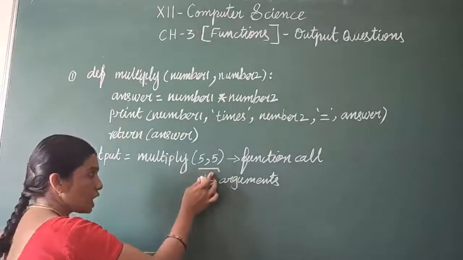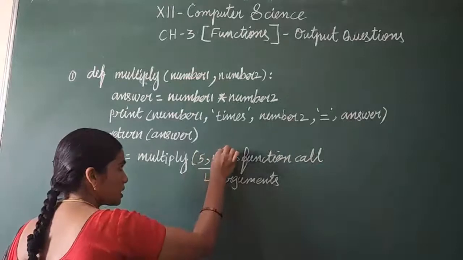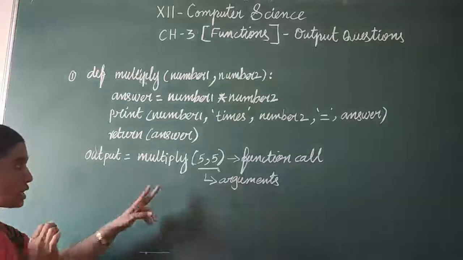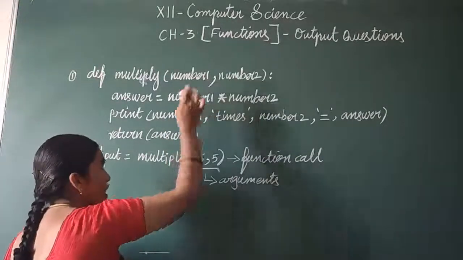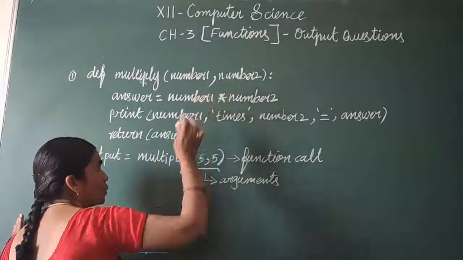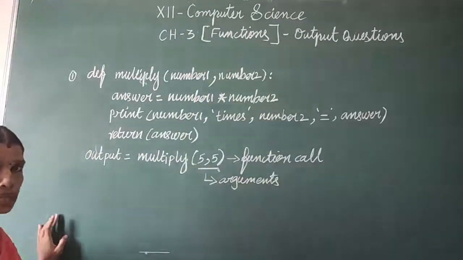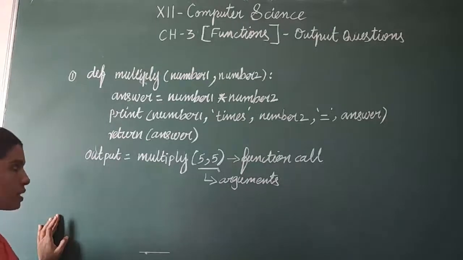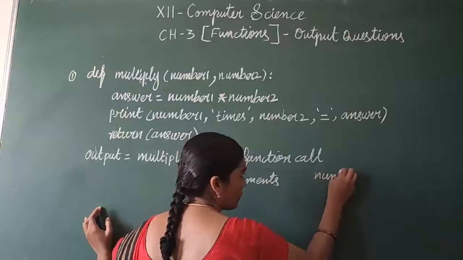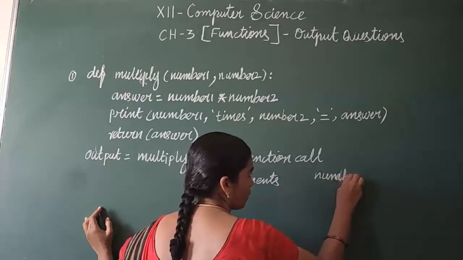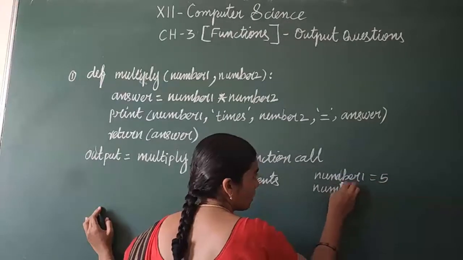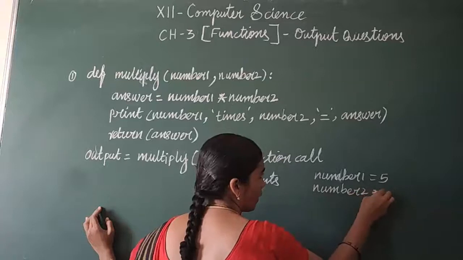In the function call, whatever we use inside the parenthesis are arguments. In the function header, number 1 and number 2 are both parameters. Now number 1 will take the value 5, and number 2 will take the value 5.